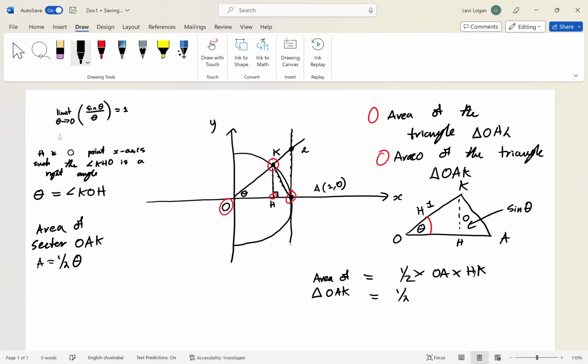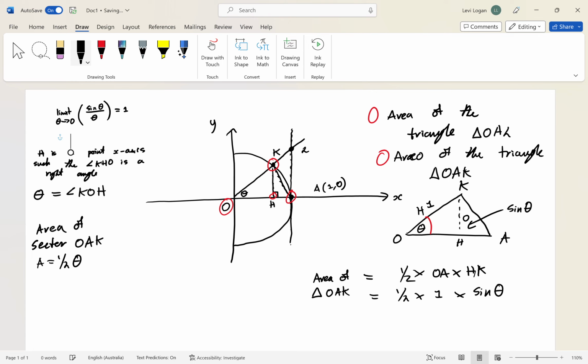Okay, so we can start writing this out again. So 1/2 times OA times sine theta. We know that the point A is also on the unit circle, and the radius of the unit circle is 1, so the distance from O to A is just 1. So we can just rub out OA and just put 1. Okay?